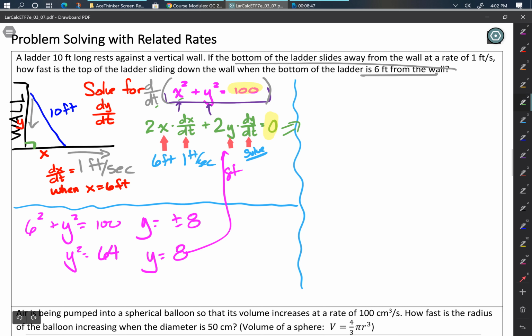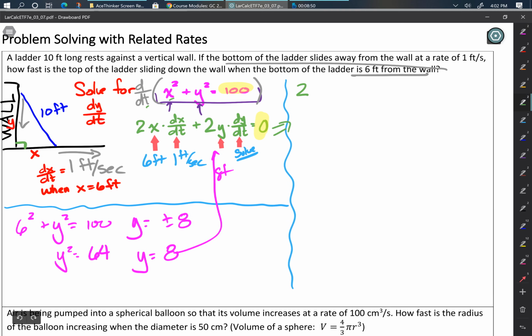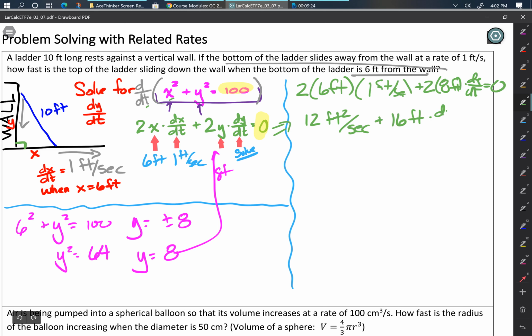So now I'm going to take all of that over to here to the right, and I'm going to say that 2 times 6 feet times 1 foot per second plus 2 times 8 feet times dy/dt is equal to 0. 2 times 6 times 1 is 12, so 12 feet squared per second plus 16 feet times dy/dt is equal to 0.